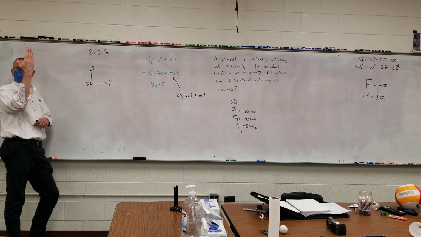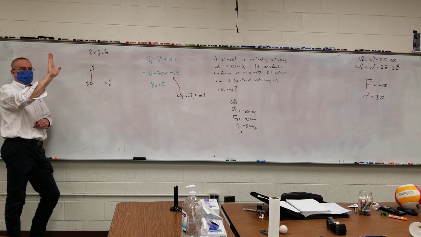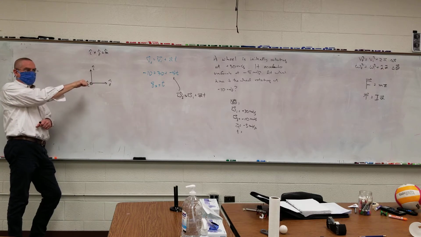I want it so that when my fingers bend, they bend towards the second vector, the j. The only way I can do that is my hand pointing up like this, my fingers point towards j, my thumb points in the direction of the resultant. So that's why k has to go into the board.